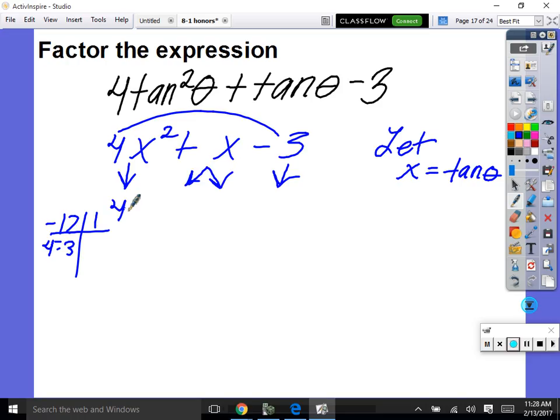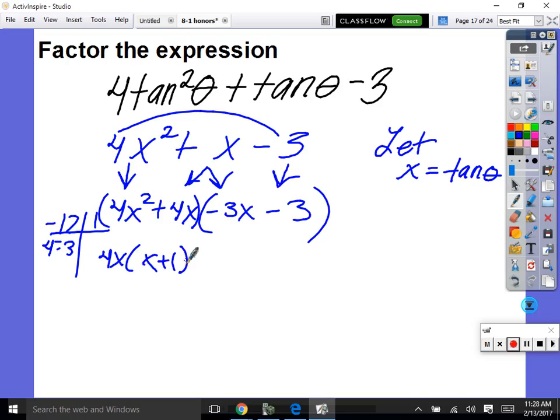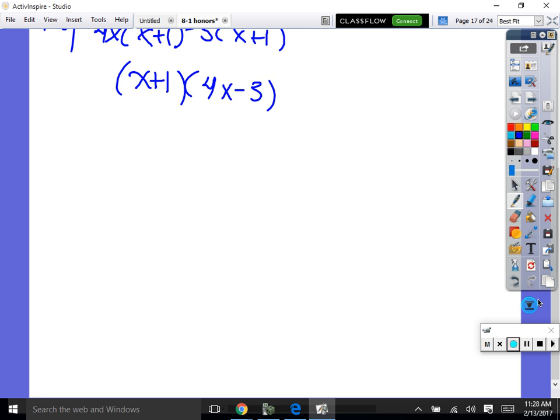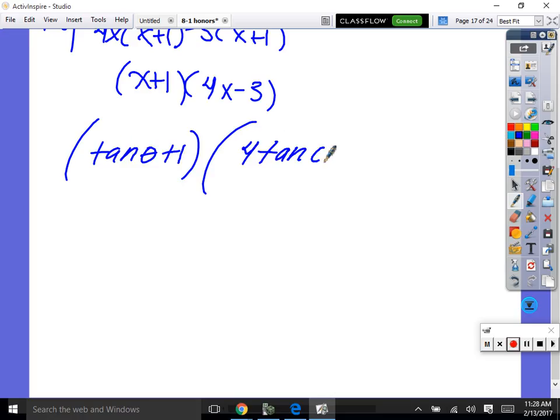So we have 4x squared plus 4x minus 3x, minus 3. We're breaking down our middle term. Factor by grouping. 4x in common, left is x plus 1. Factor out negative 3, left is x plus 1. Our safe haven's the same, so we can factor out x plus 1. Left is 4x minus 3. But now instead of an x, we need to put tangent: tangent of theta plus 1 and 4 tangent of theta minus 3. Very good. That was factored form.